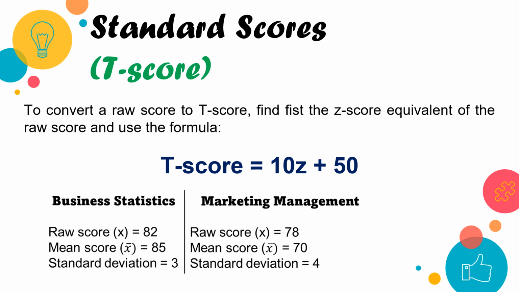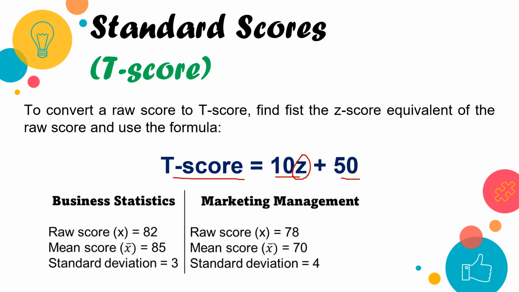Of course, it is very clear that we have to compute first the z-score before we can compute for the t-score. It is a series of computations if we have to convert to another method. So we have here our t-score. And then remember, 10 is the standard deviation, 50 is the mean. And then we shall get the value of z.